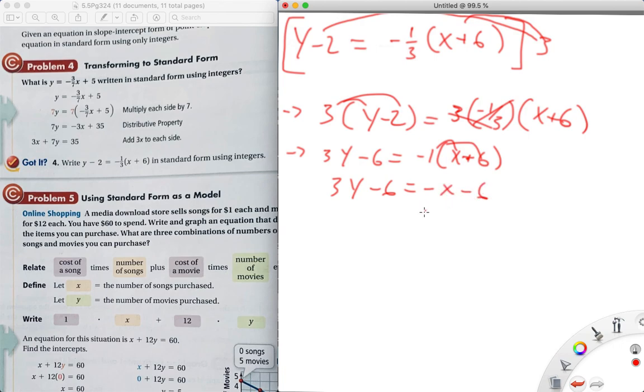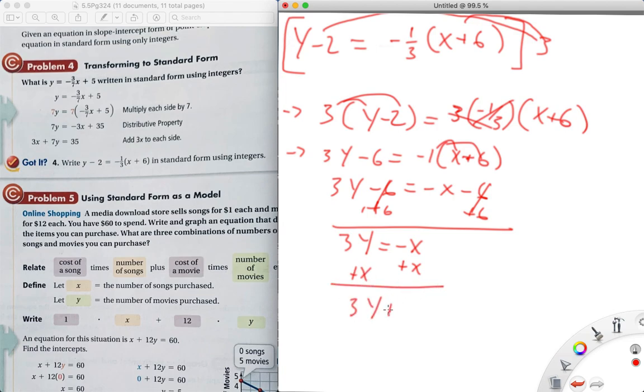And then I'm going to add 6 to both sides. That goes, that goes. Then I got 3y equals negative x. And then add x to both sides. And I get 3y plus x equals 0.